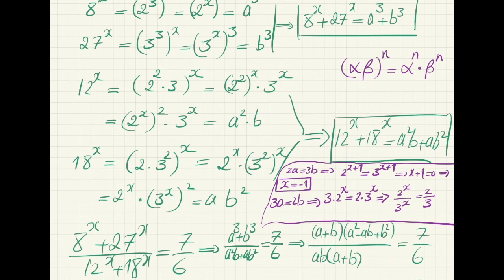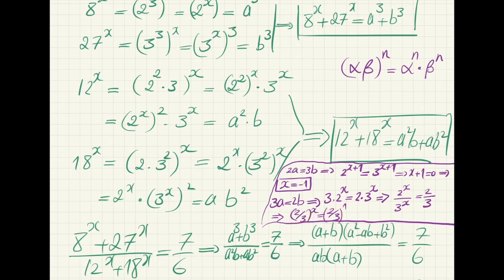Okay? But why I did this? Because it's helpful. Instead of 2 to the power of x divided by 3 to the power of x, I can write 2/3 to the power of x. And on the right hand side I have 2/3. 2/3 means 2/3 to the power of 1. And now compare these two. There are two powers with the same base. They are supposed to be equal.